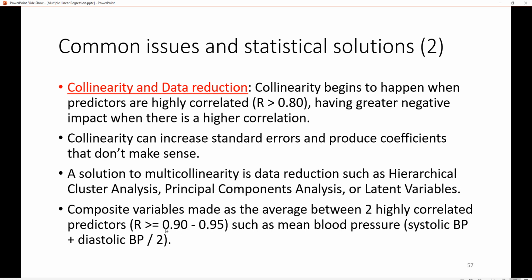For example, if we have a correlation R that's greater than or equal to 0.90 to 0.95, such as the mean blood pressure, that would be the systolic blood pressure plus the diastolic blood pressure divided by 2. That's a composite score.